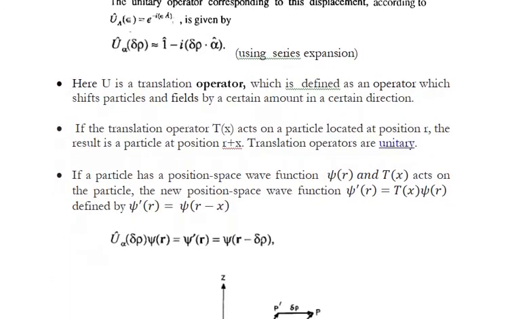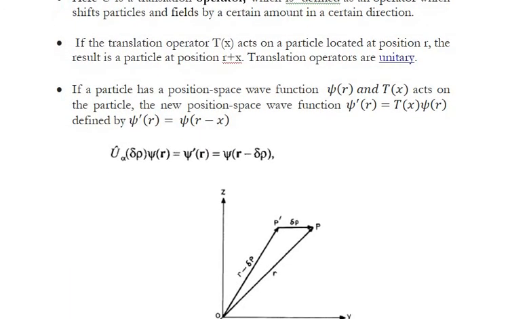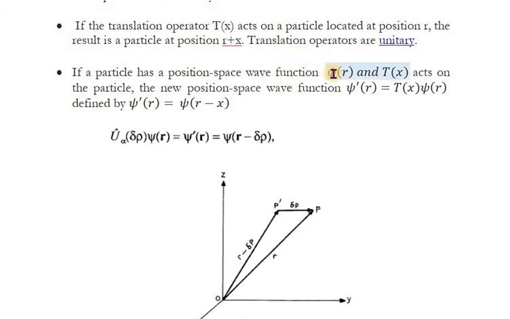If a particle has a position space wave function psi of r, and T of x now acts on the particle, the new position space wave function psi prime of r is equal to T of x psi of r. That means this is the transformation equation.